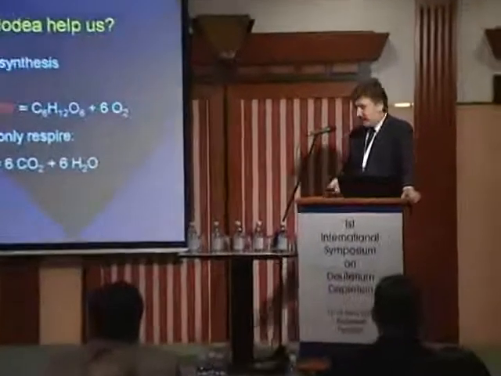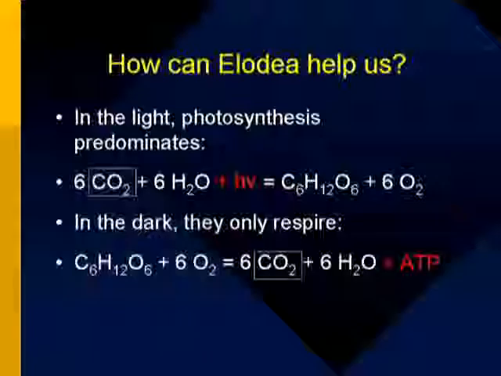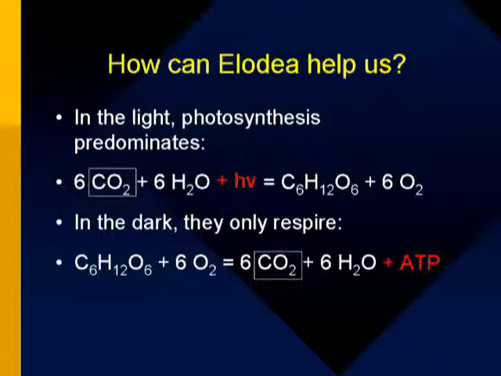In the dark, they only respire like us, and with respiration they produce energy, ATP, so the plants are the only creatures which can carry out both different kinds of energy supplying cellular mechanisms.